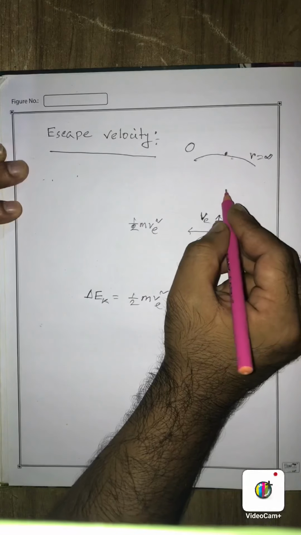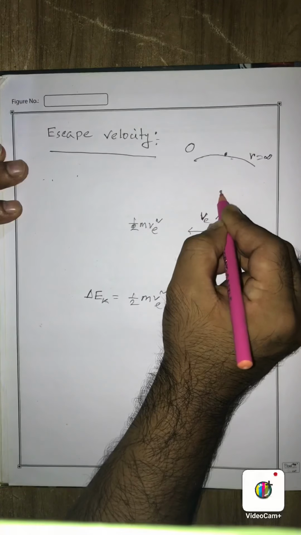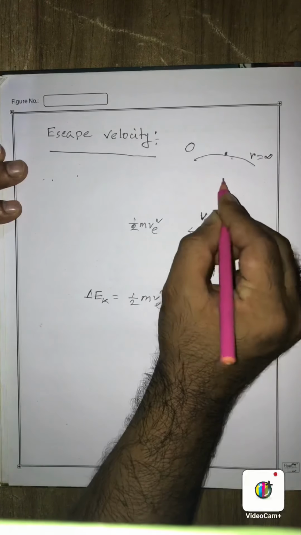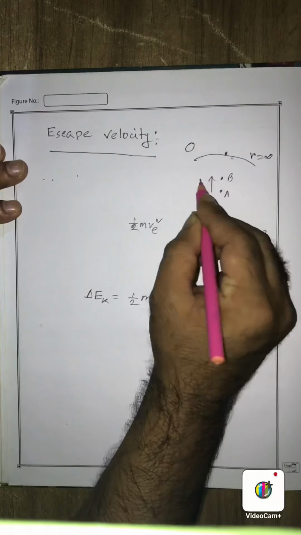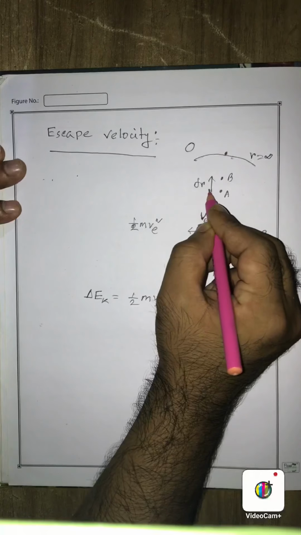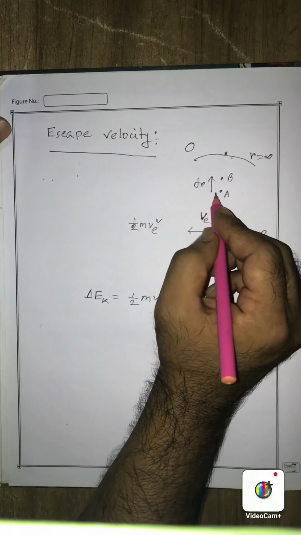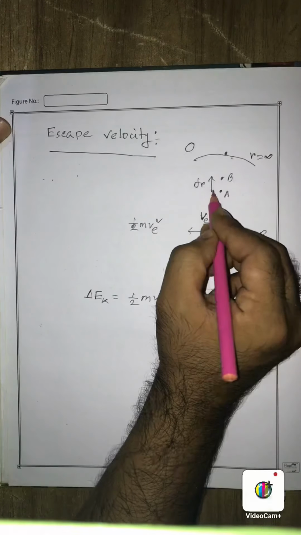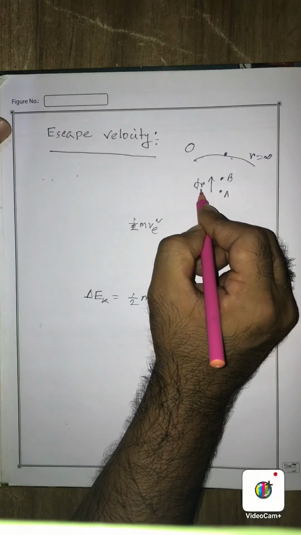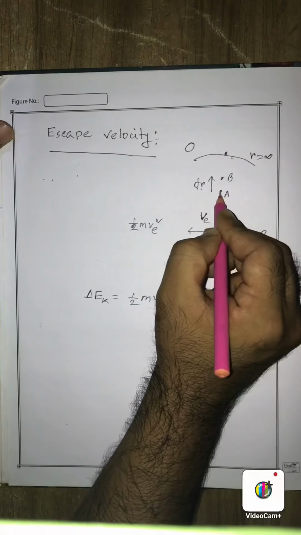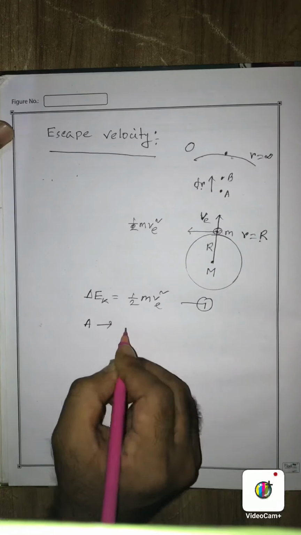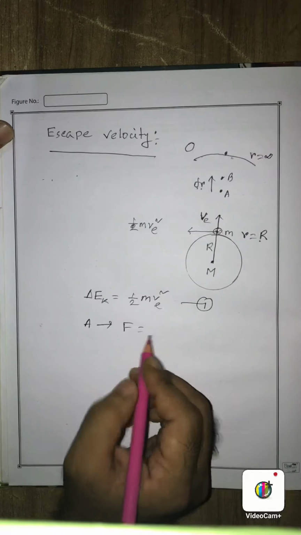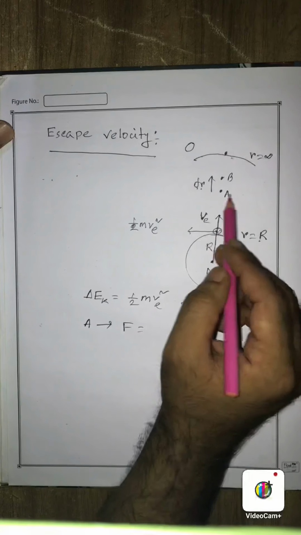Now we will consider the points A and B, with a small displacement dr when the object moves from A to B. At the point A, the gravitational attraction force acts on the object.